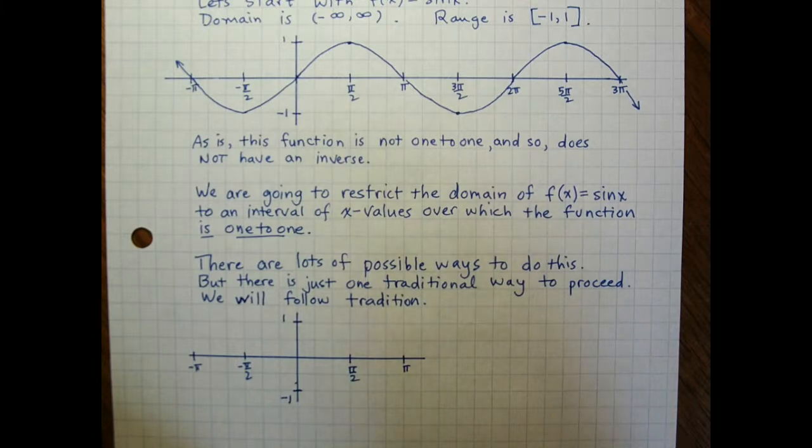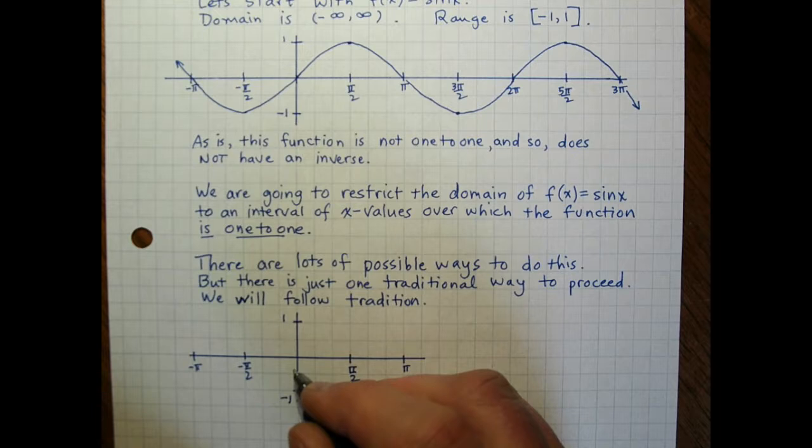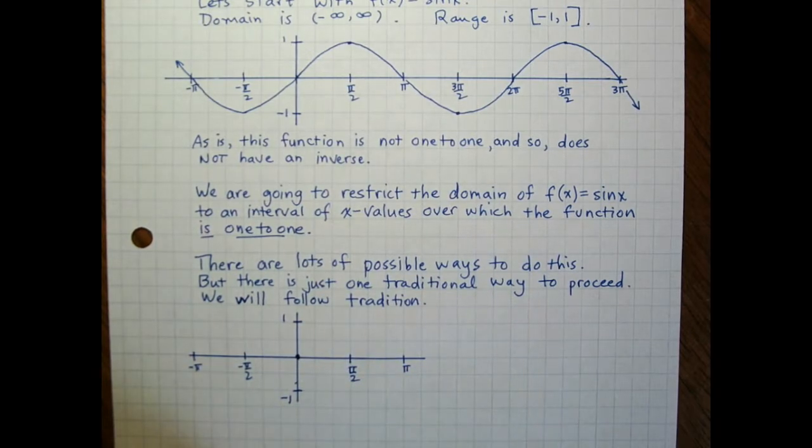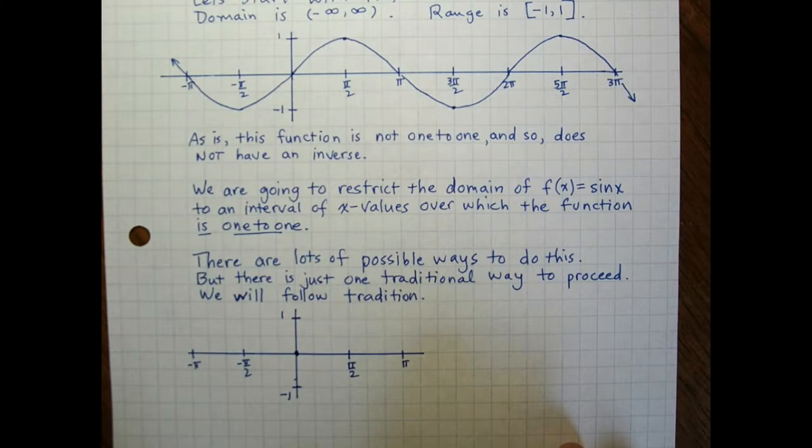And this is how the traditional form got selected. I think whoever came up with this decided they wanted to keep the 0, 0 point on the graph, which is like the easiest, simplest point on the graph of sine.